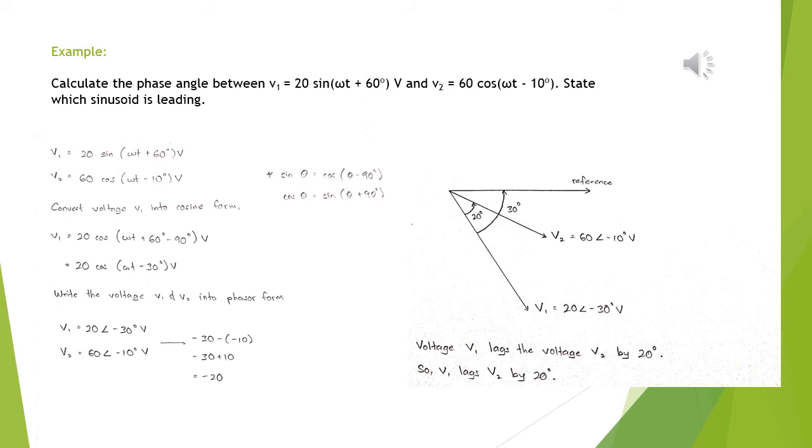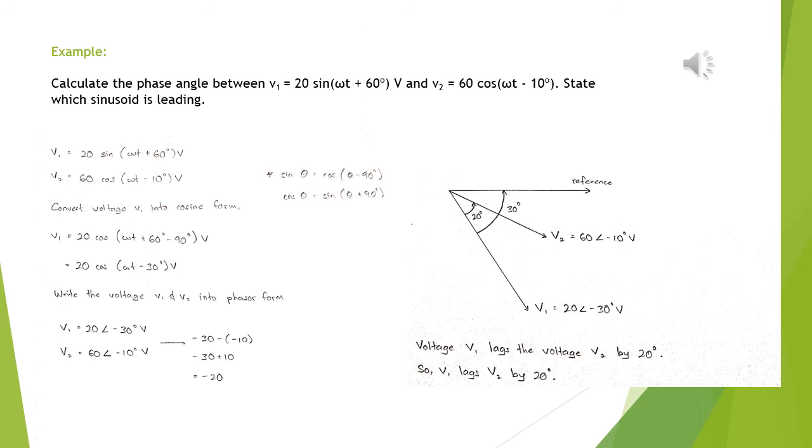After that, write the voltage V1 and V2 into phasor form. From here, we can know how much angle is the difference between these two voltages. After the operation, we get that the difference between the two voltages is 20 degree.